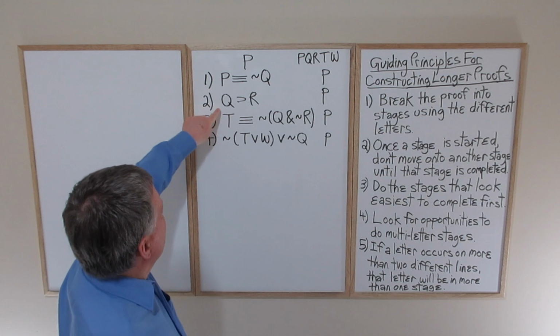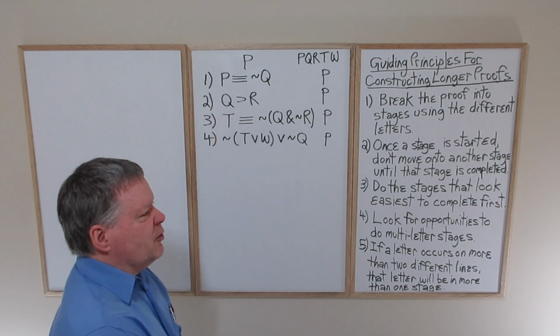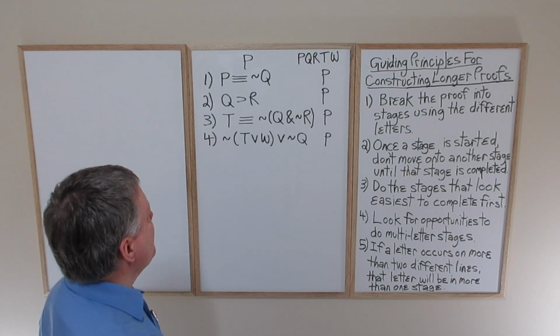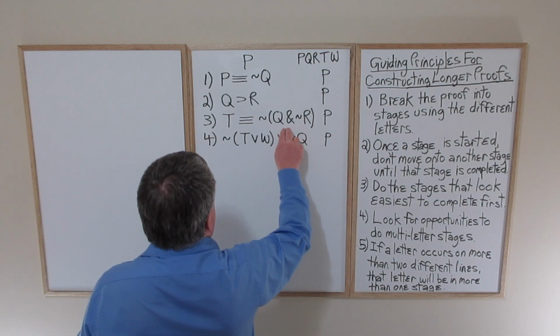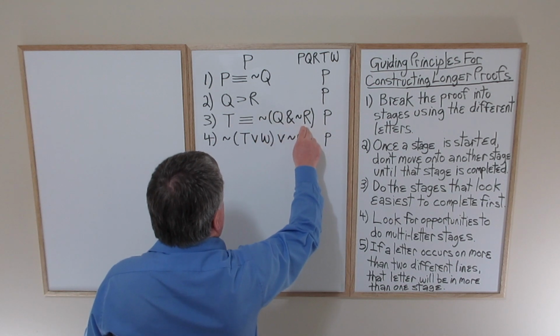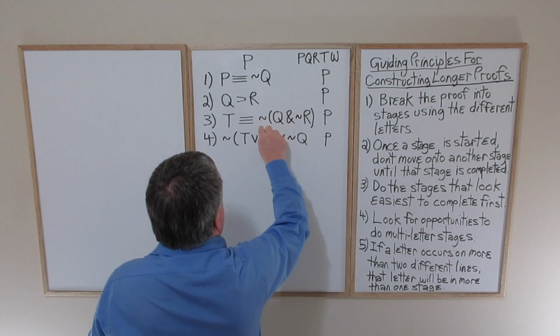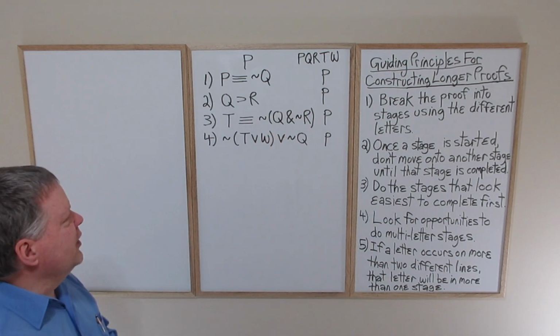So what we need to do then is take the Q and R related information in line 2 and make it either the exact same as this sentence here, or this sentence here with a tilde in front of it.